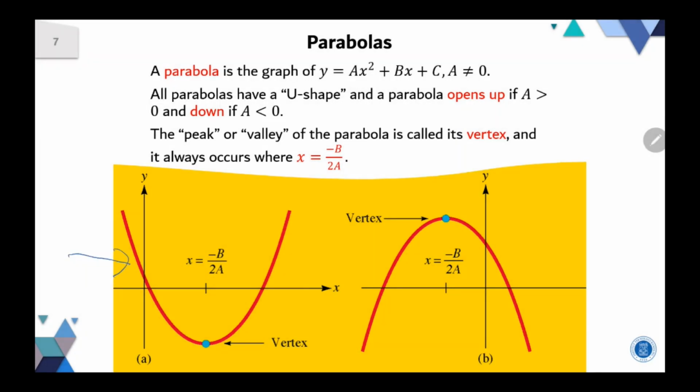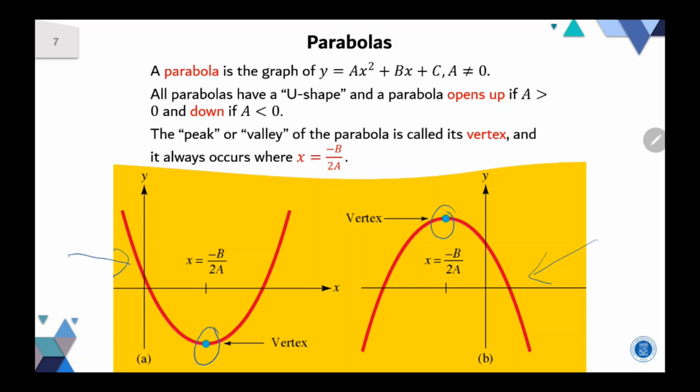This one opens up and this one opens down. So if we have a parabola which opens up or down, then we have the peak here, and sometimes we have a valley. So this one is the valley.